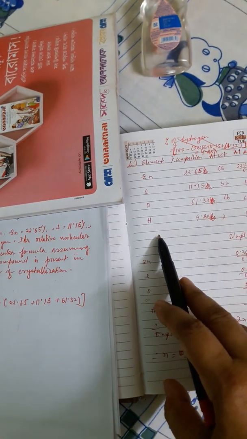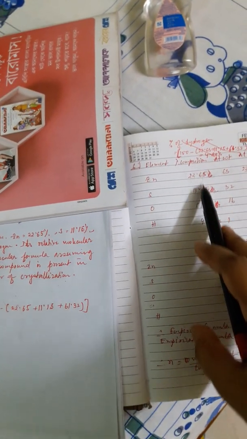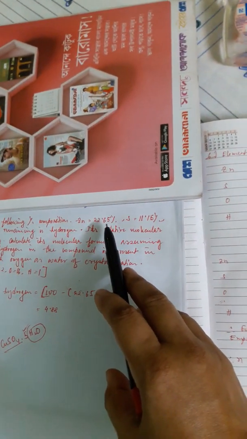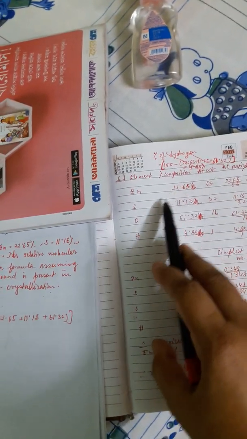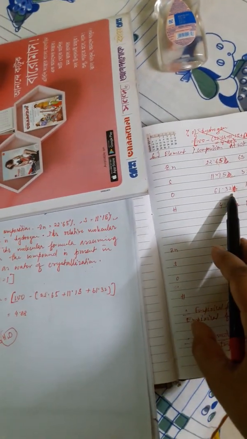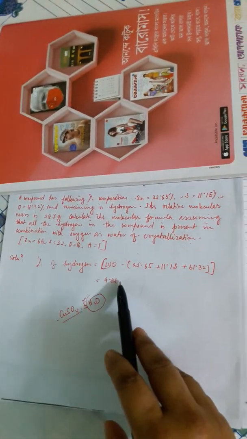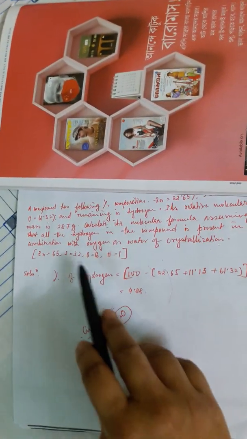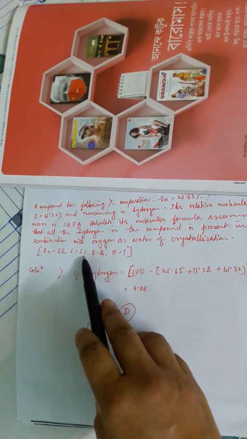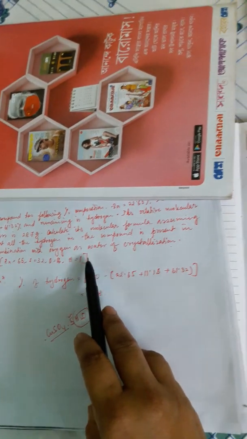Write down their percentages: zinc 22.65, sulfur 11.15, oxygen 61.32, hydrogen we got 4.88. Atomic weights are given: zinc 65, sulfur 32, oxygen 16, hydrogen 1.